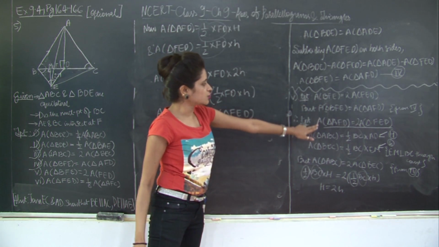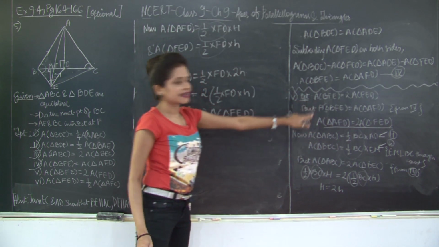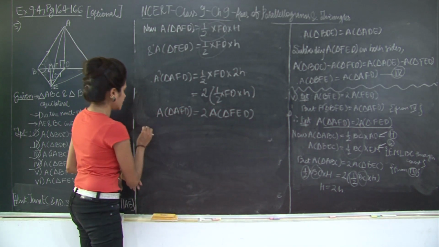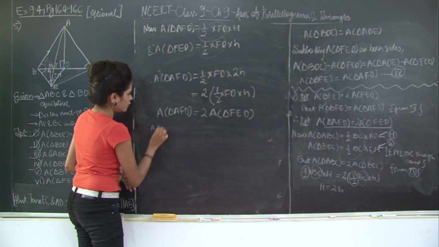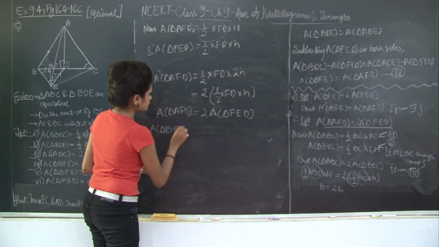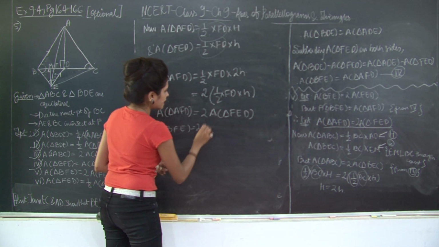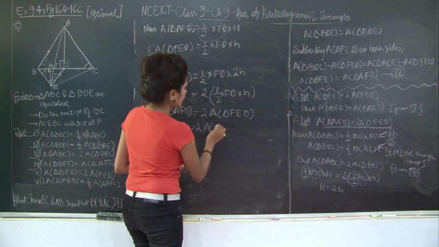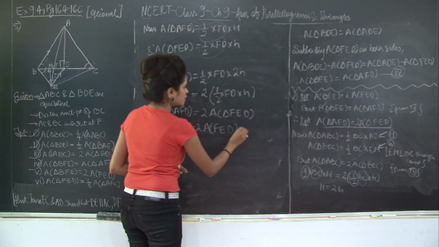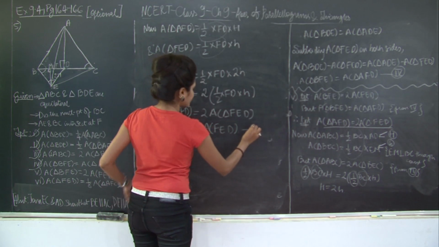This is what we needed to prove. Therefore, I can say that area of triangle BFE is twice area of triangle FED. Therefore, area of triangle BFE is equal to twice area of triangle FED. So, this was my point number 5.